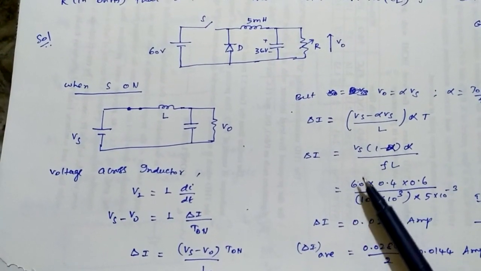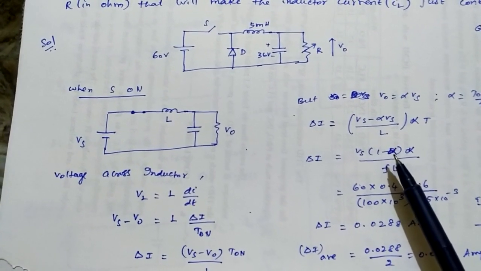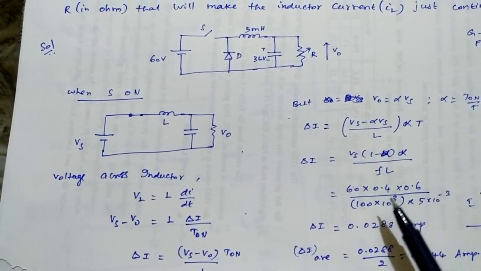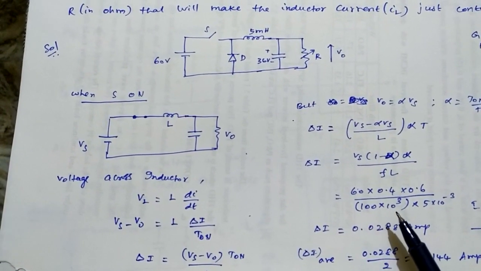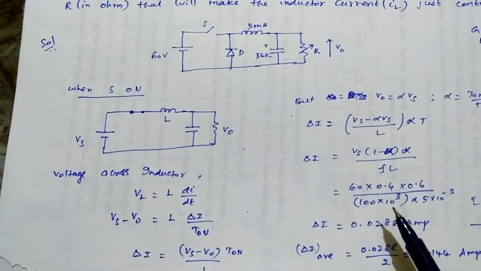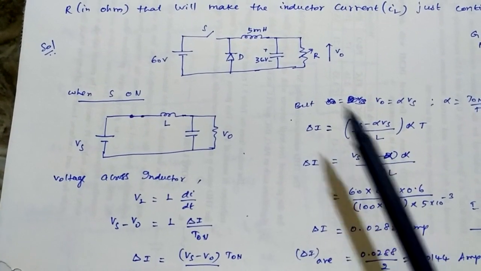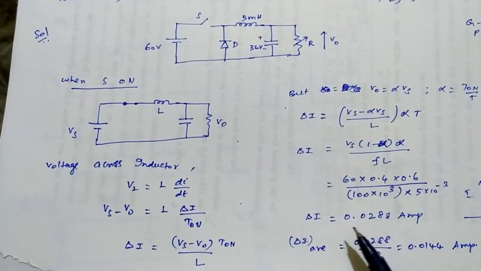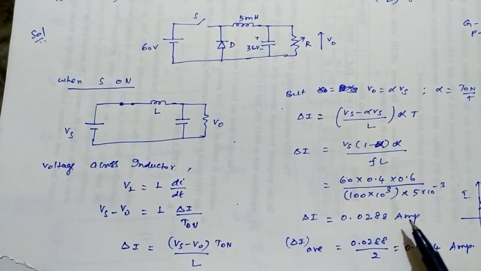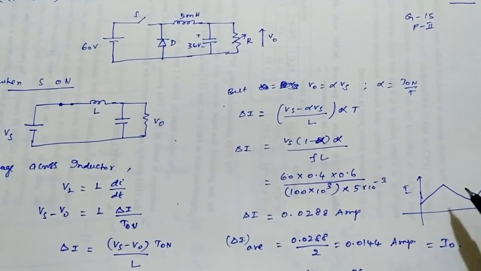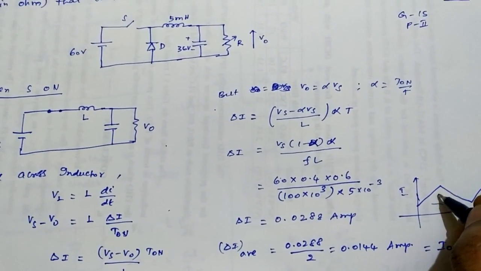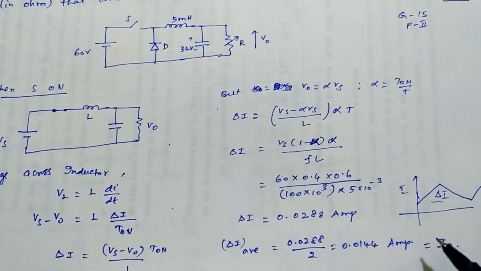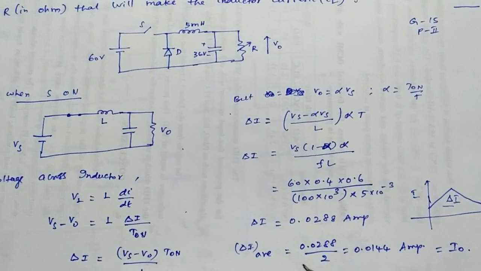Supply voltage is 60, alpha value is 0.6, the frequency is 100 kilohertz and the inductance value is 5 millihenry. Substituting, we get del I, which is the peak to peak ripple current.